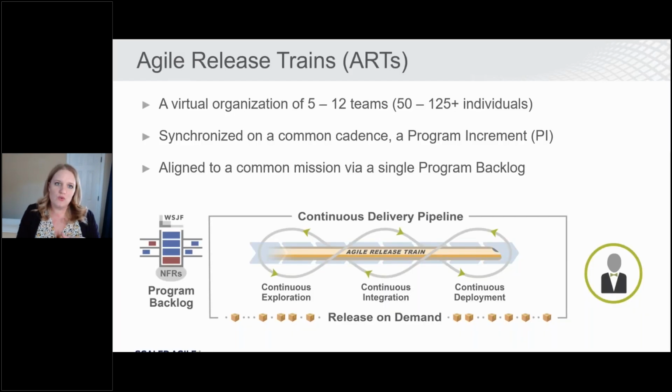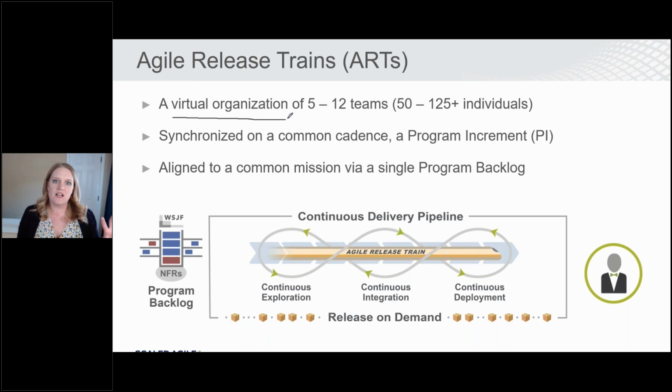And how we do this in SAFe, the Scaled Agile framework, is we form what are called Agile release trains. This is a virtual organization. And what does this mean, virtual organization? It doesn't necessarily align with our organizational hierarchy.